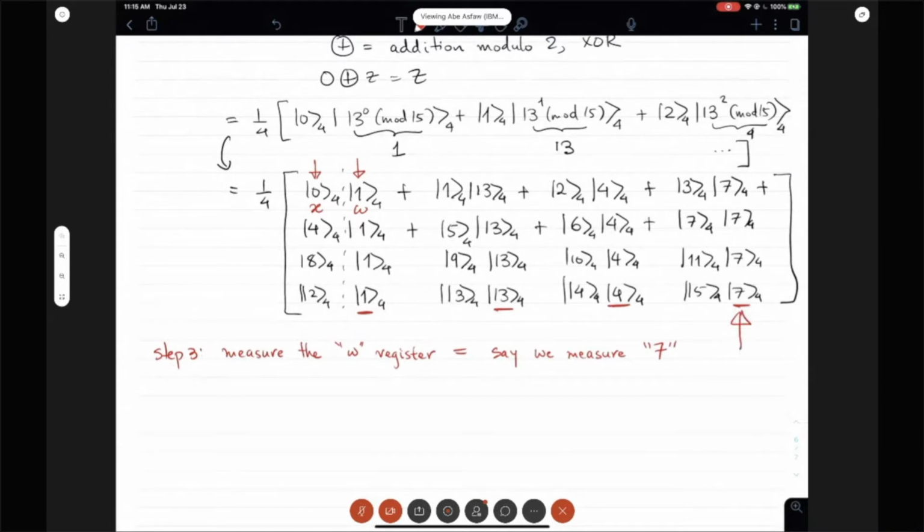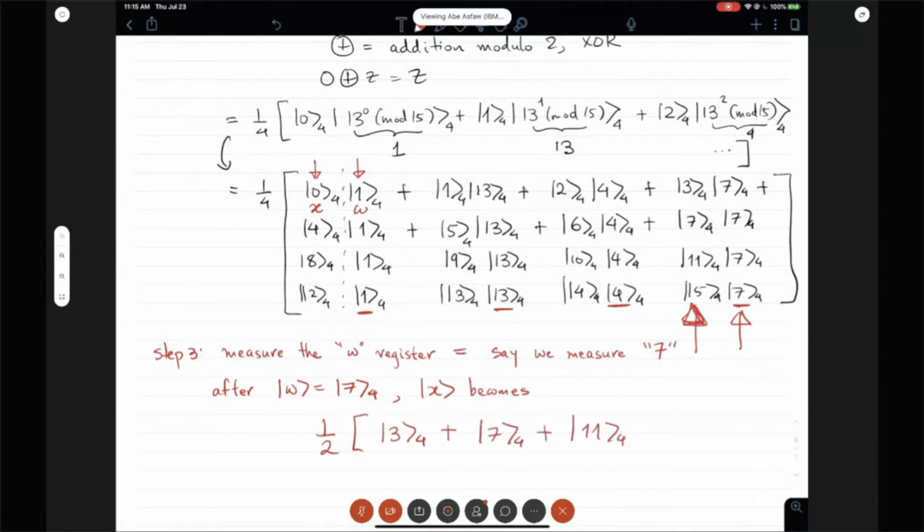So after measuring 7, x becomes, what does x become? Well, if you measure 7, x could take on the value of any of these 4 values. So really, x becomes either 3 or 7 or 11 or 15, right?